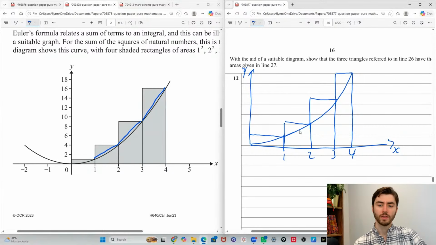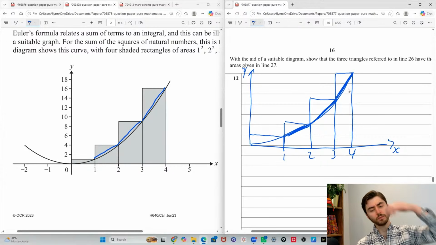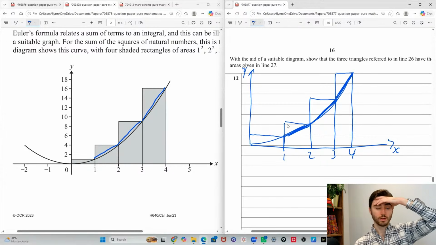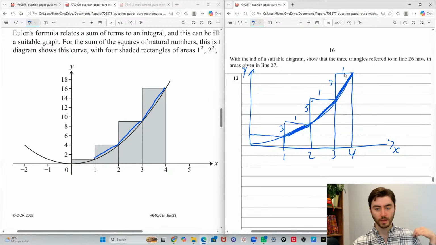So this triangle here, and now in the real thing, I would do this with rulers. So this height here is 4 minus 1 is 3, and that width is 1. That height here is 9 minus 4, which is 5, and that width is 1. That height here is 16 minus 9, which is 7, and the width is 1.